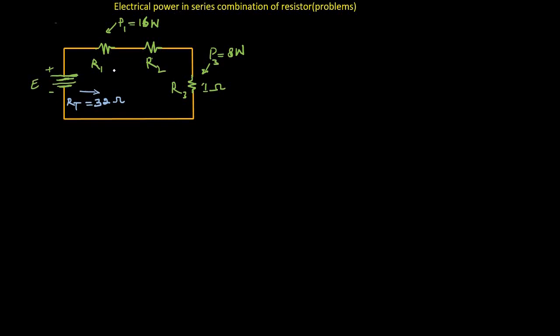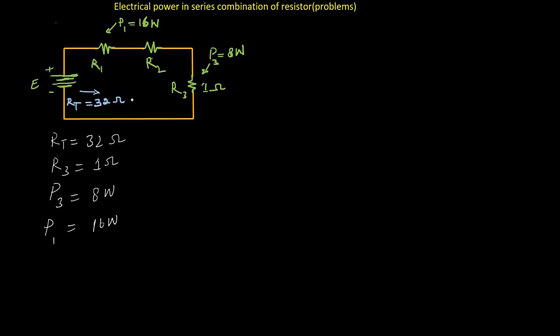The data given to us in this problem is RT, the total resistance of this network, equal to 32 ohms, the resistance of the third component, R3, equal to 1 ohm, the power absorbed by the third component, P3, equal to 8 watts, and the power absorbed by the first component, P1, which is 16 watts.